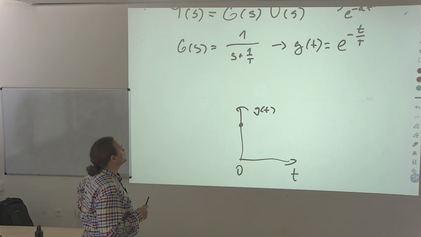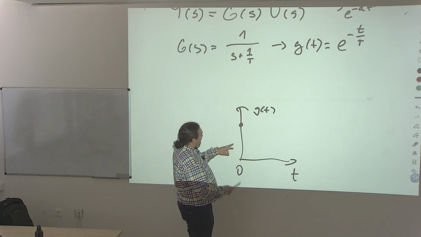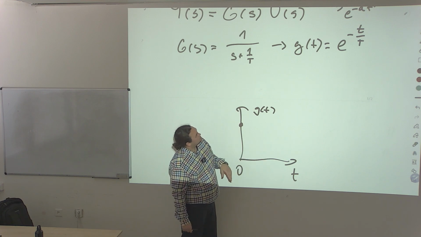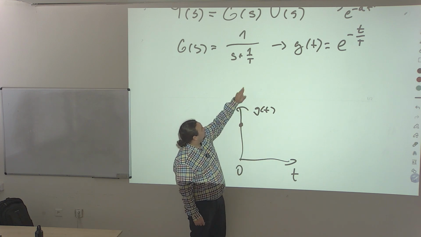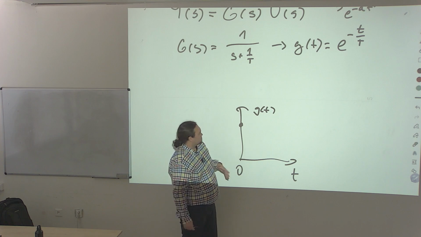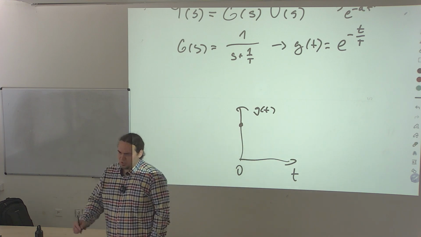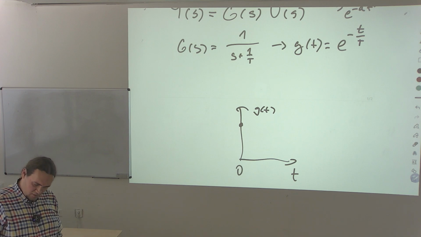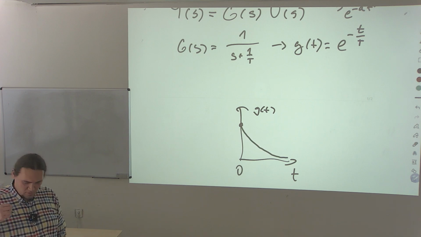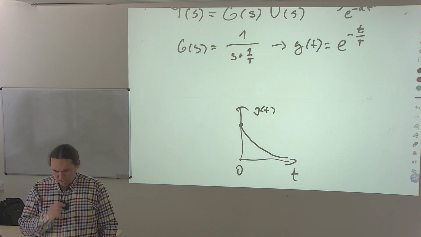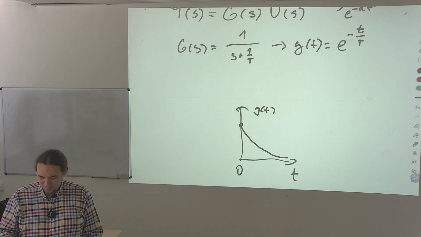And then what should happen as the time goes to infinity? Let's assume that the capital T is positive, so we will just drop to 0. Okay. And what does this represent?